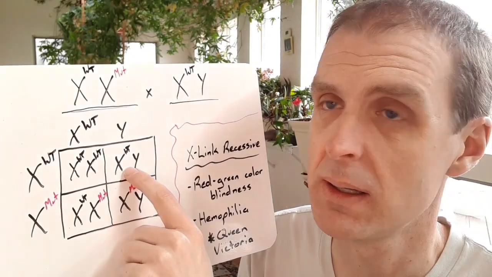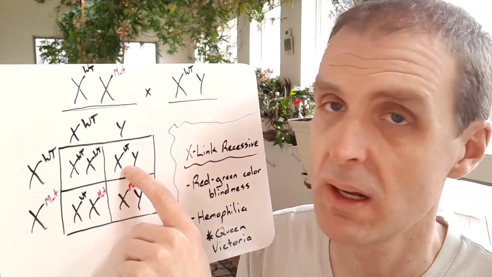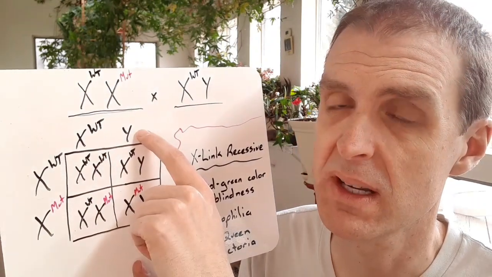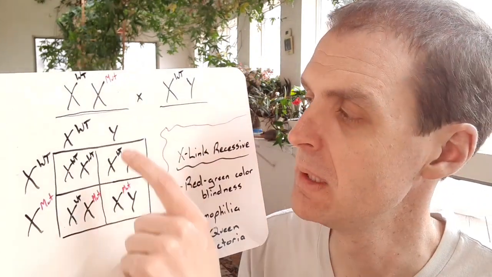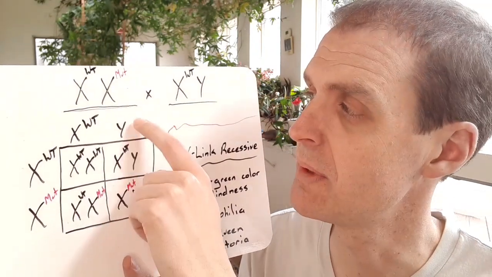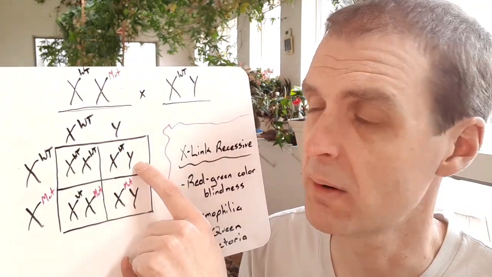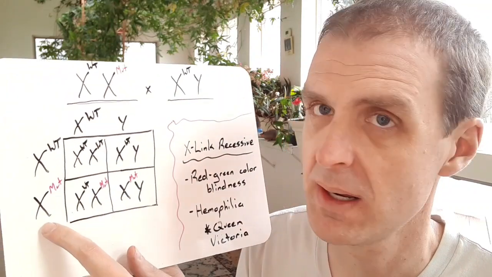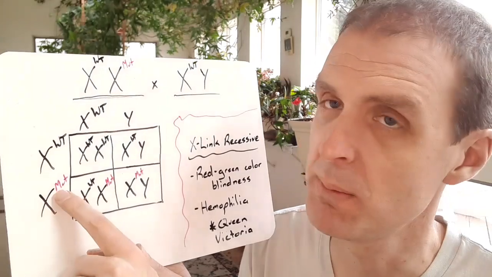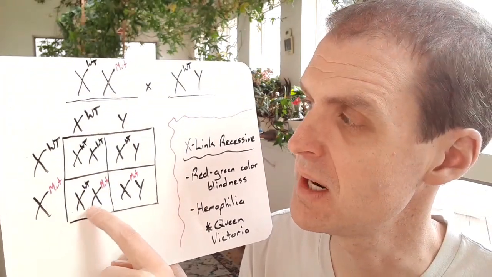The male, in this case, would get a wild type X from the mother, and then of course gets a Y from the father. That's the only way you get a male, is if the father passes along the Y chromosome. And then here with this gene, we have the mutated version of the gene.